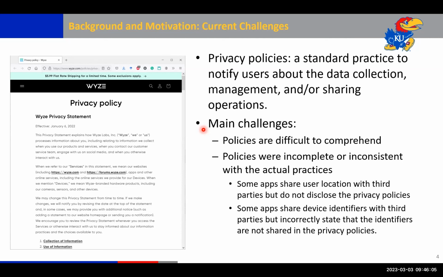They're long, and many times they are inconsistent with their practices. The apps would be collecting data but would not declare it in the privacy policies, or they'll be incorrect about the practices. They will be collecting the data, but they'll say they are not collecting it. So they are inconsistent, or they do not mention those practices at all.